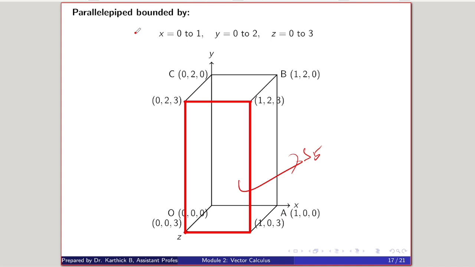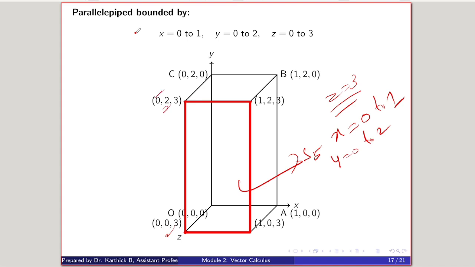Okay, so if you see here, in all the points, z will have 3, so this is the fixed value. Then you have to see x moves from 0 to 1. And if you see y, this is the y axis, it moves from 0 to 2.